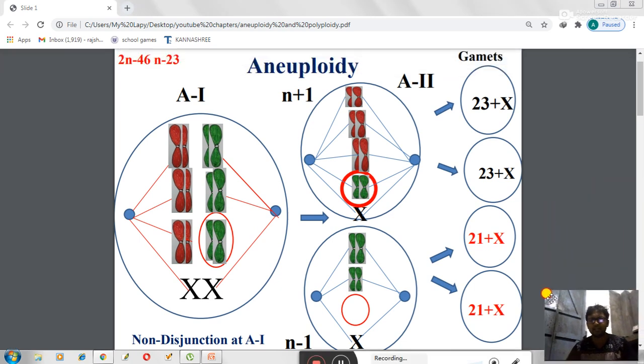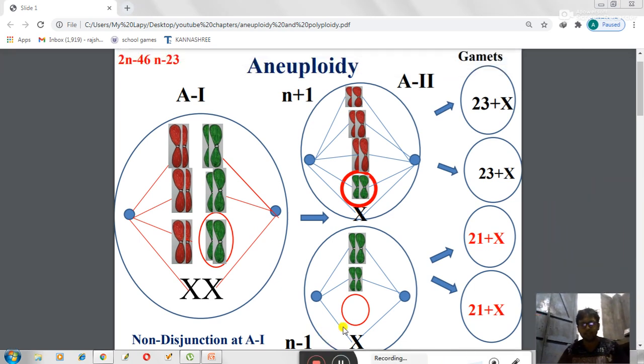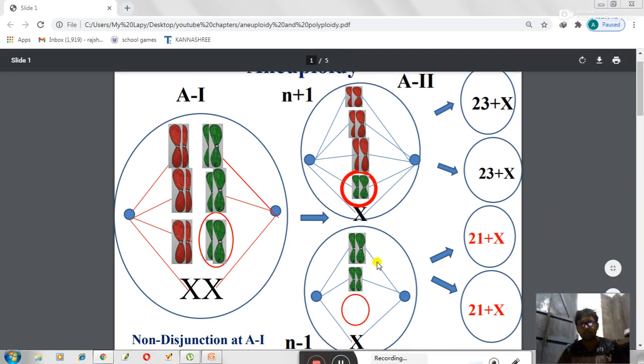It is clear that after the first round of division, the chromosome number is reduced to half, but unequally. This is due to chromosomal non-disjunction, that is, the spindle fiber is not properly attached here. As a result, this chromosome lags behind and the two unequal cells develop with unequal chromosome numbers.